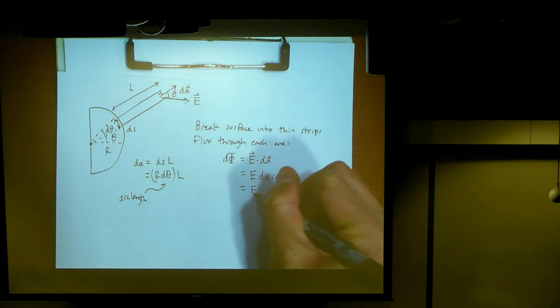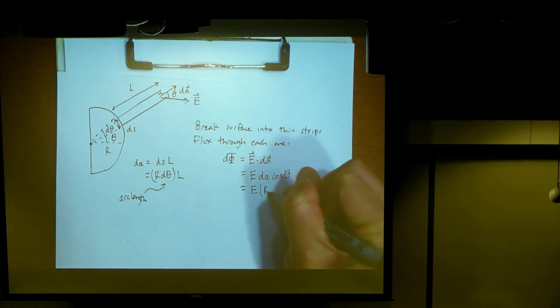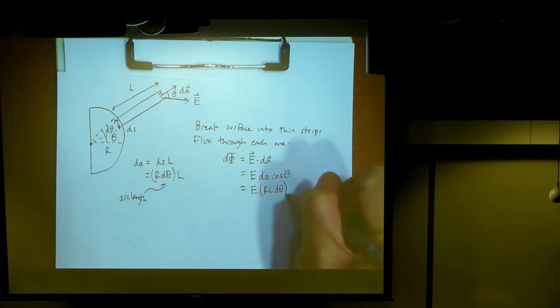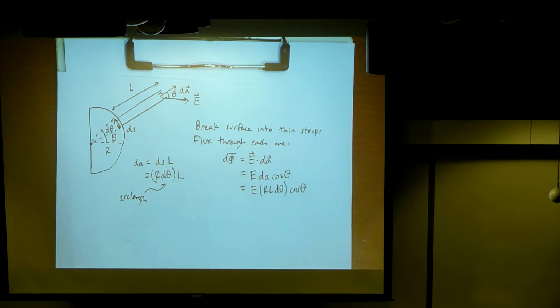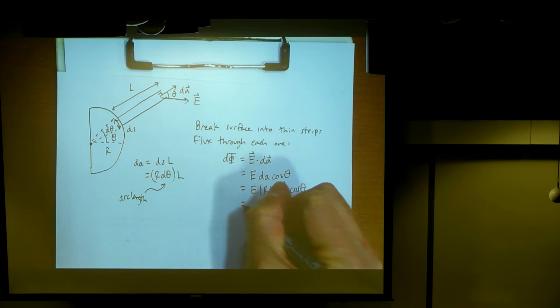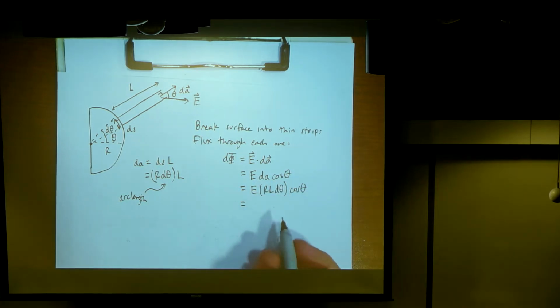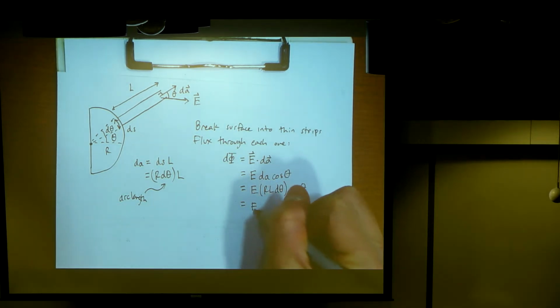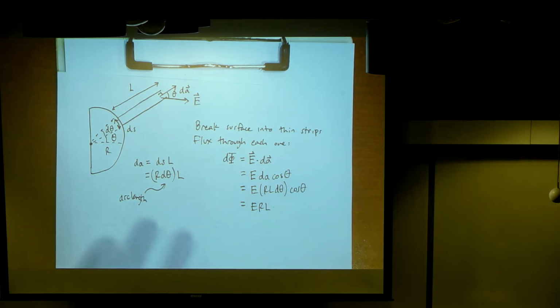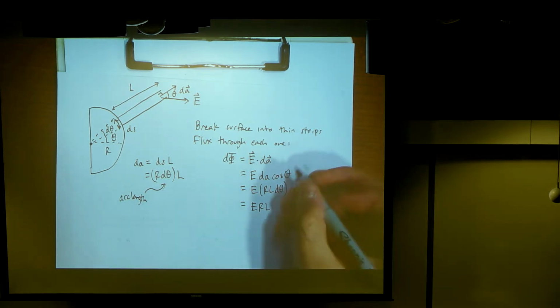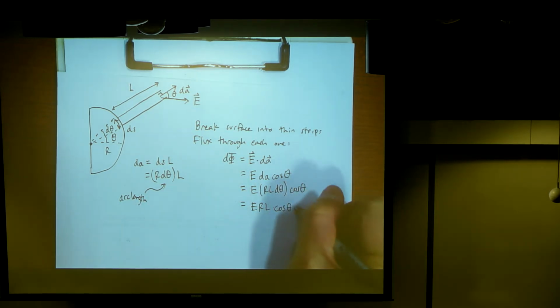So that's E times, I have RL d theta, and then I have cosine theta. So just to rearrange this in a more suggestive way, I have E, RL, all of those are constants, and then I have cosine theta d theta.